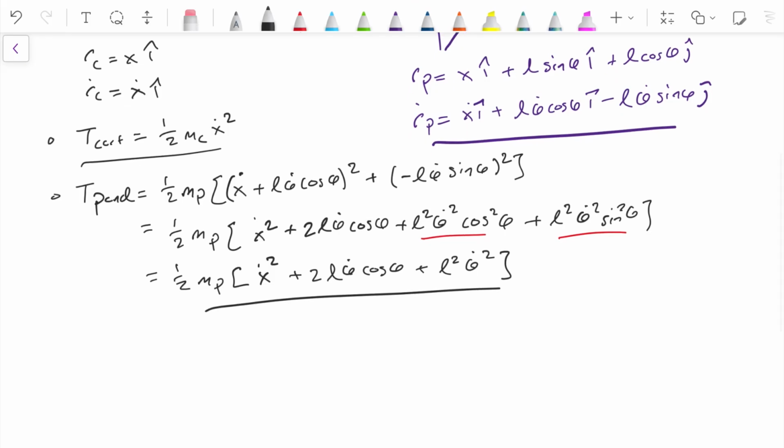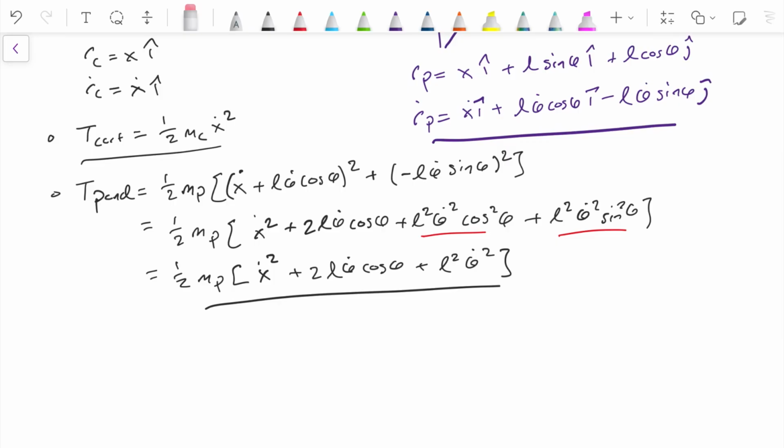Okay, so I actually did mess up this squared term, the first one. I forgot the cross term with x dot, so we're going to have a 2L x dot theta dot cosine theta here.